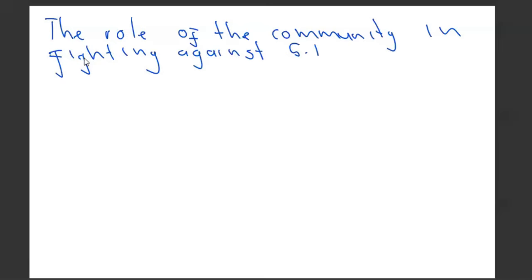So the role of the community in fighting against GBV. So that is 2.5. All right, so basically, the community has a very, very big role. So the community could start by establishing community education programs.